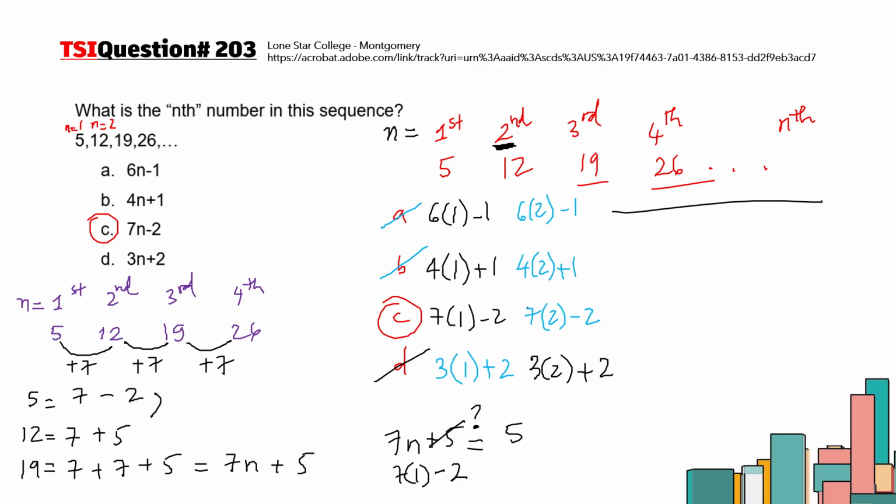Then if you add 7, you will have 7 times 2 minus 2.